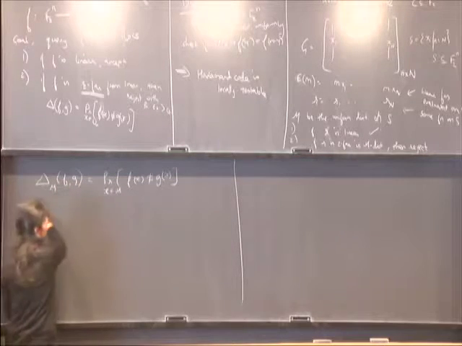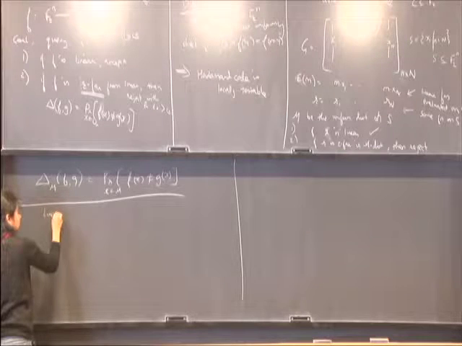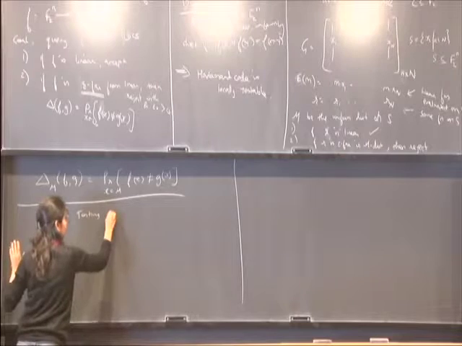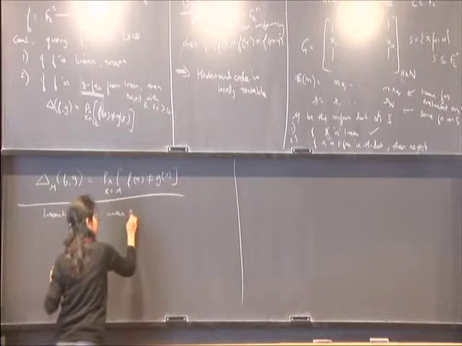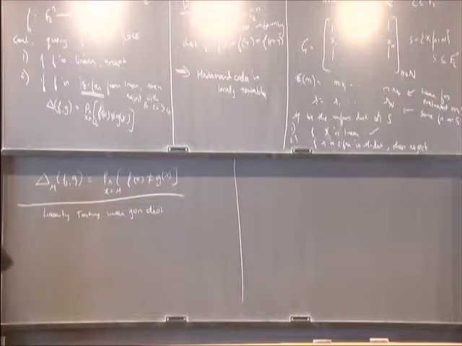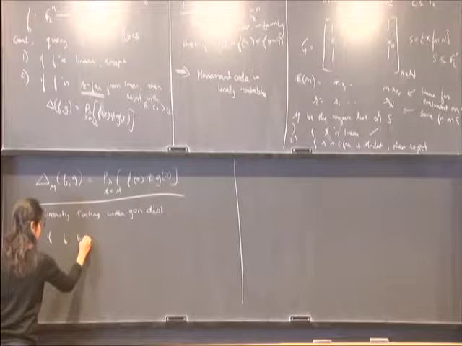Okay, so let's talk about linearity testing under general distributions. One possible goal was again: if f is linear, then accept.